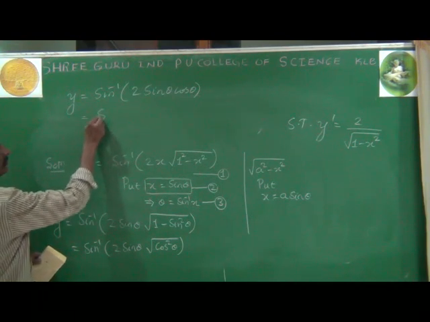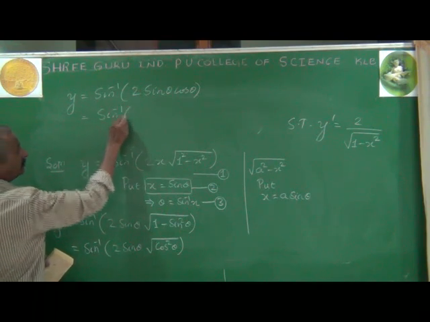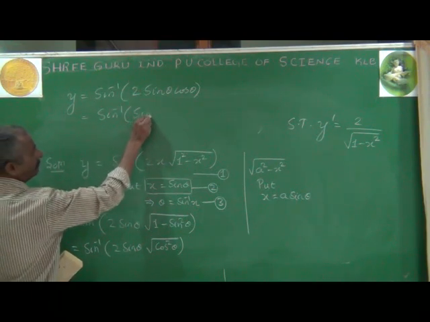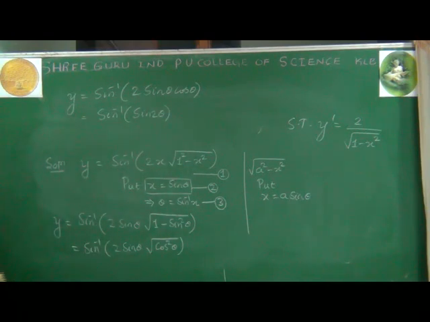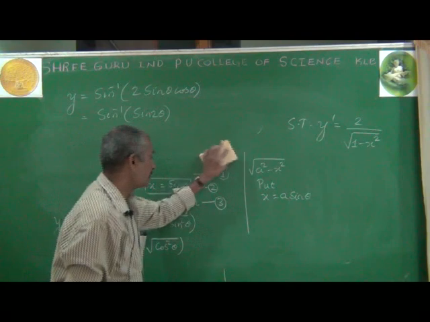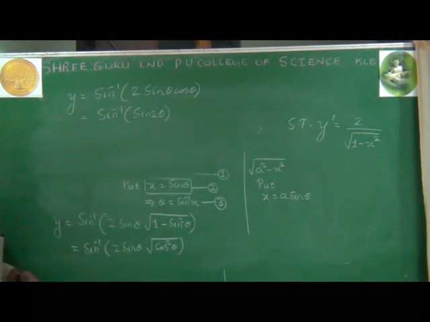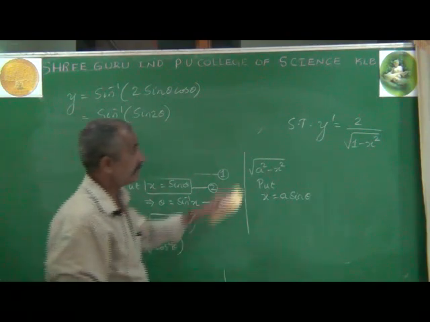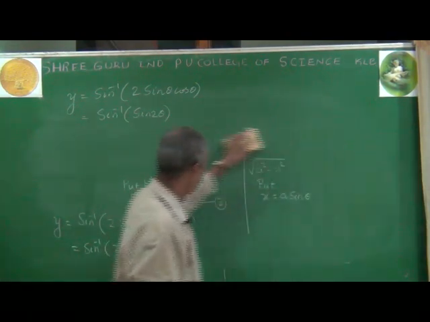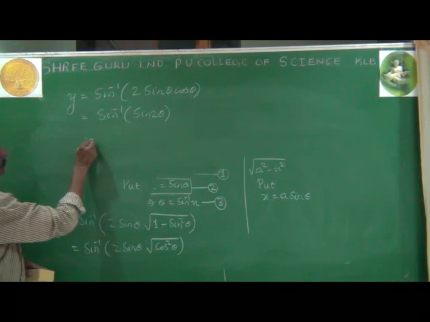That equals sin inverse of sin 2 theta. Using inverse trigonometrical function formulas, sin inverse of sin x is x. So now it is equal to 2 theta.